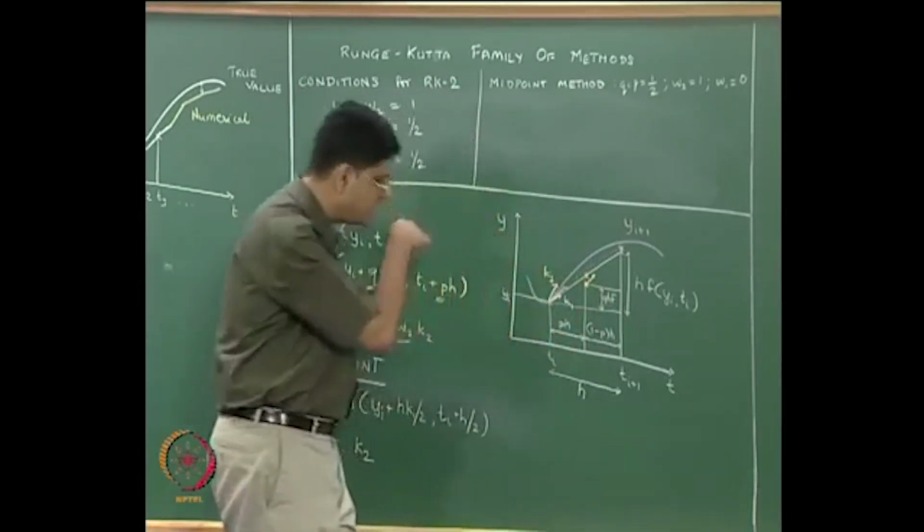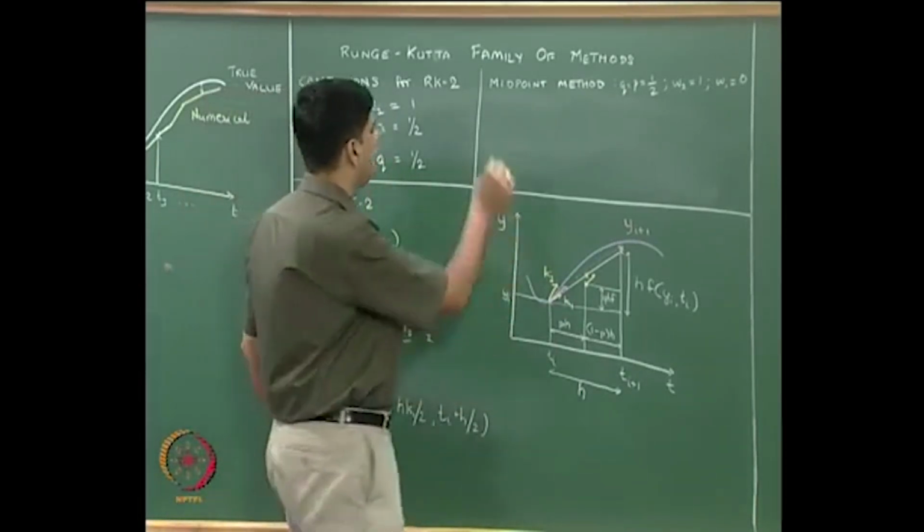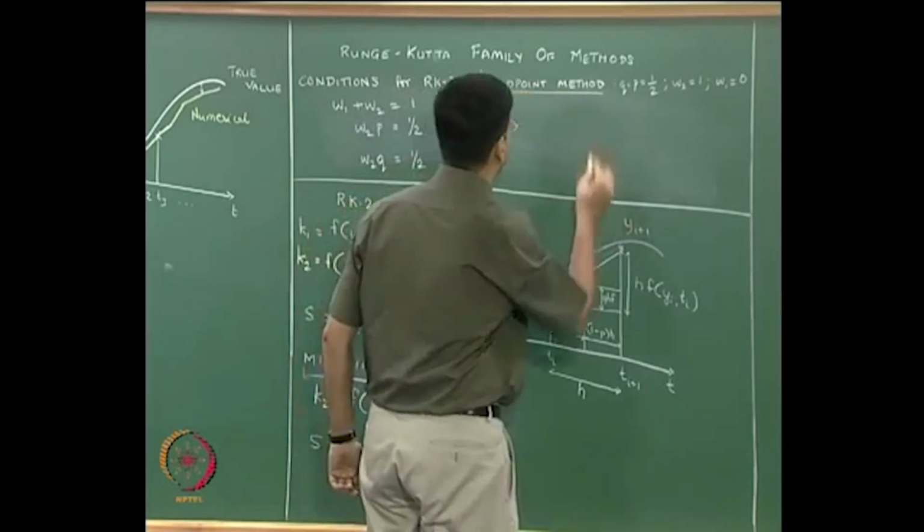So this point is always going to lie on this particular curve. That is one of the things that we get out of the derivation for the RK2 method.